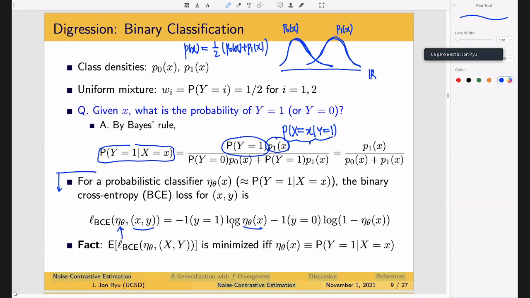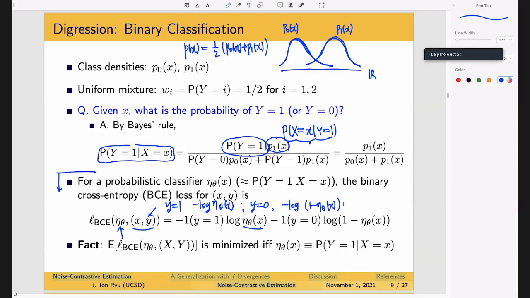What this means is that if your data point has label 1, then your loss is minus log eta theta x. And if y is 0, then you incur the loss minus log of 1 minus eta theta x.